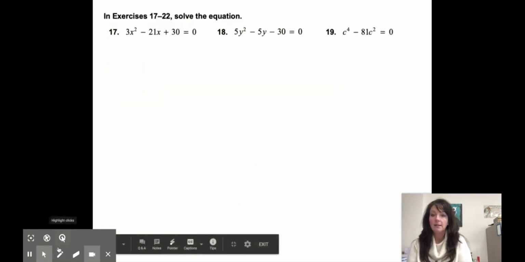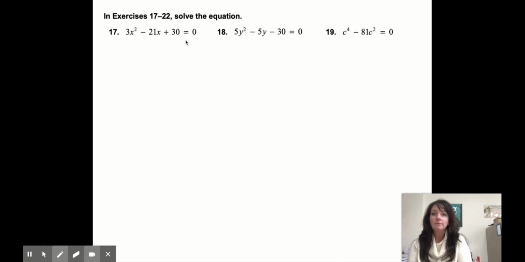So let's give some of these a try. All right, so this one's already equal to 0. So I'm going to first look for any common factors. So pull out a 3, and I'm left with x squared minus 7x plus 10. That's equal to 0.